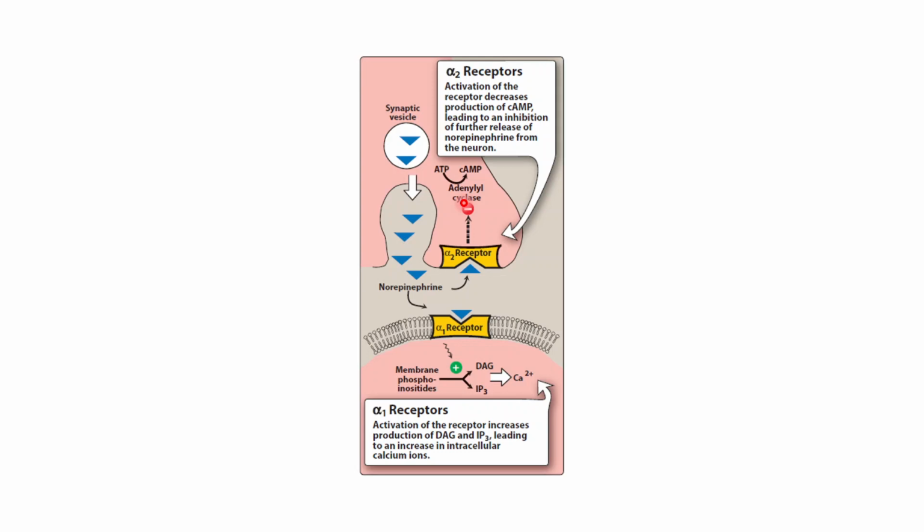Second is down regulation, that is a disappearance of the receptors either by destruction or by decreased synthesis. And third is inability to couple the G protein because the receptors have been phosphorylated on the cytoplasmic side.